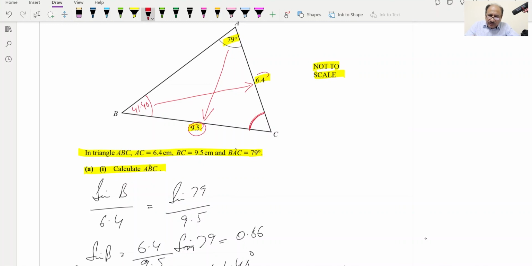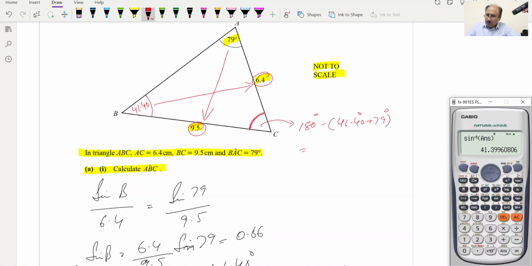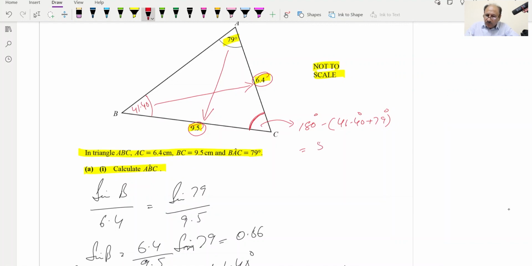So this angle will be 180 minus (41.40 plus 79) degrees, and this is equal to 59.6 degrees.